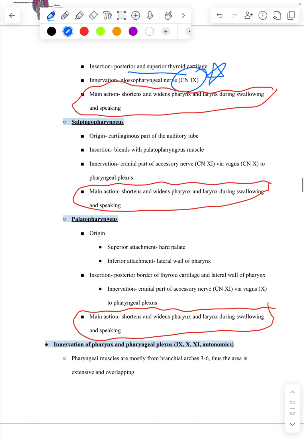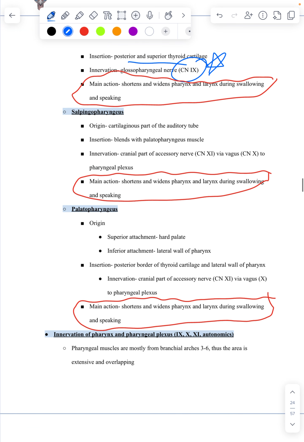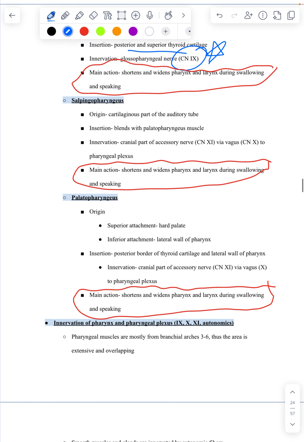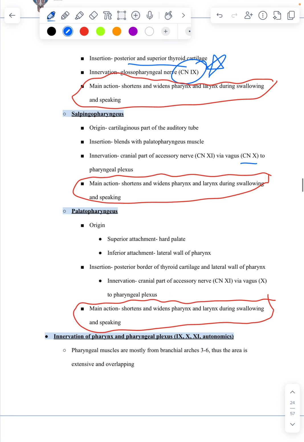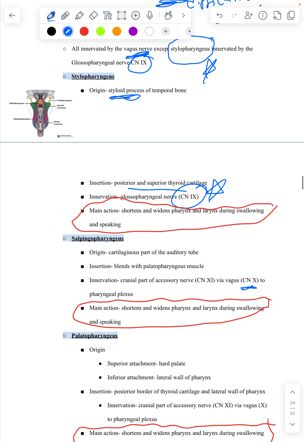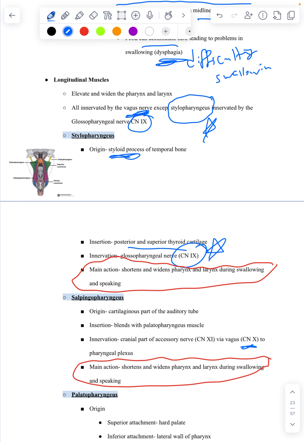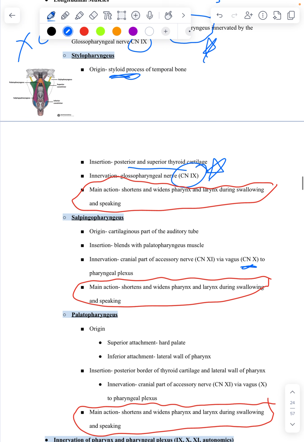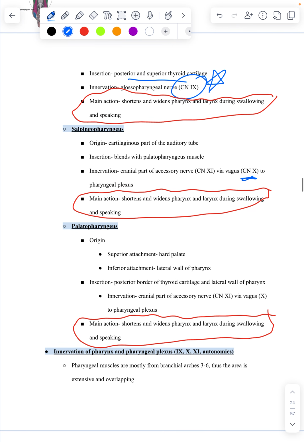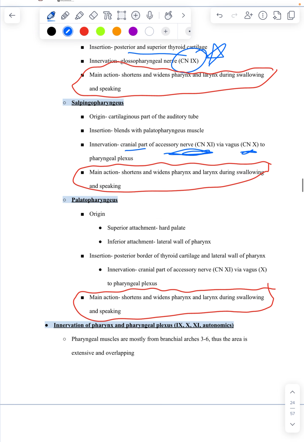Now, for salpingopharyngeus, it comes from the cartilaginous part of the auditory tube and blends with the palatopharyngeal muscles, and this will get 10 because they all get 10. But it also gets the cranial part of 11. So there's a small part of the spinal accessory for both that and the next one.